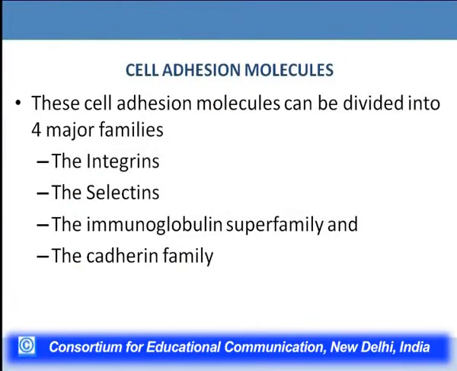Now, four families of cell adhesion molecules have been identified, and these are integrins, selectins, the immunoglobulin superfamily, and the cadherin family. Integrins are made up of two proteins, alpha integrin and beta integrin, and mostly they are involved in binding of the cell to the extracellular matrix.